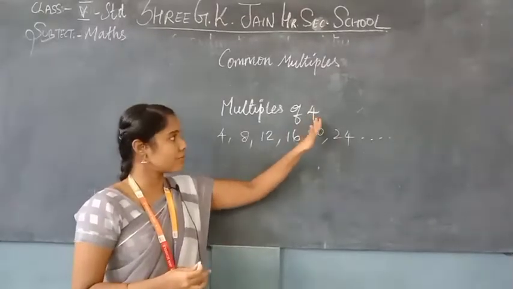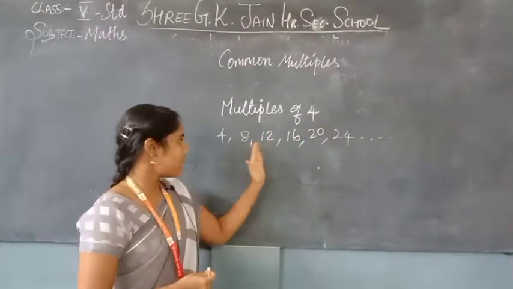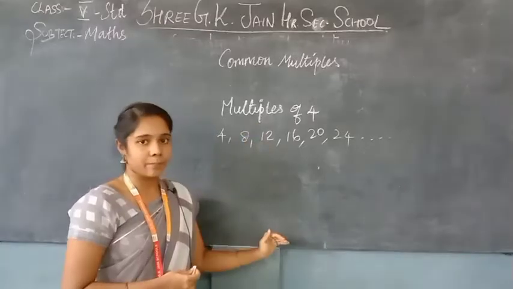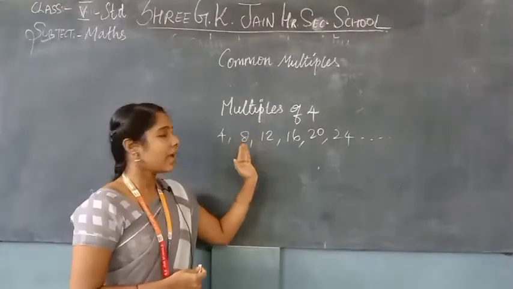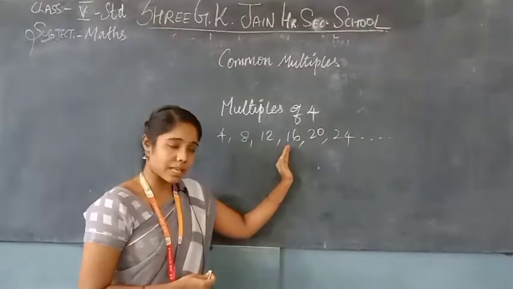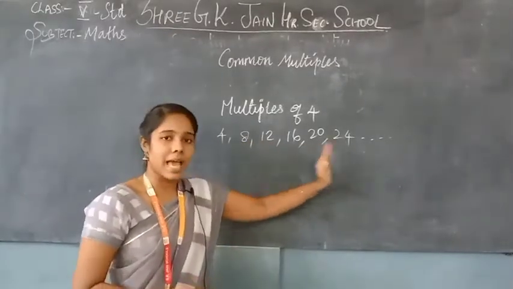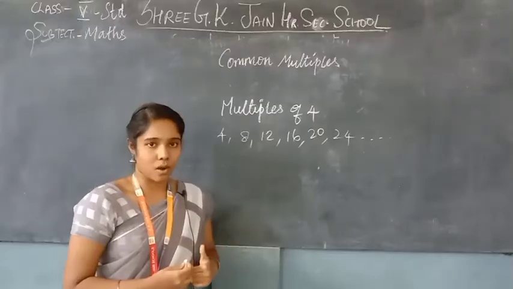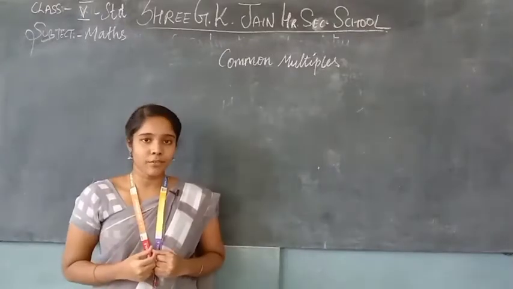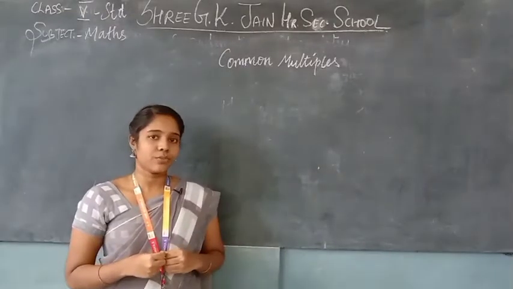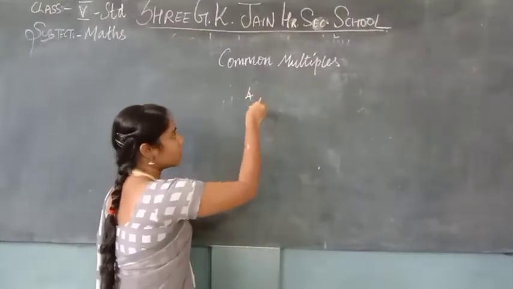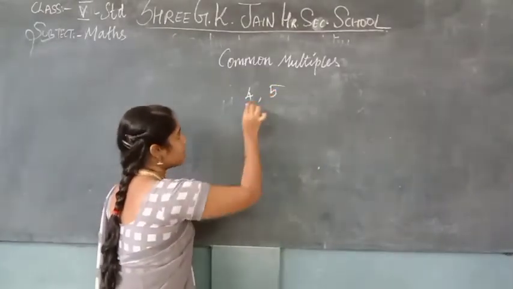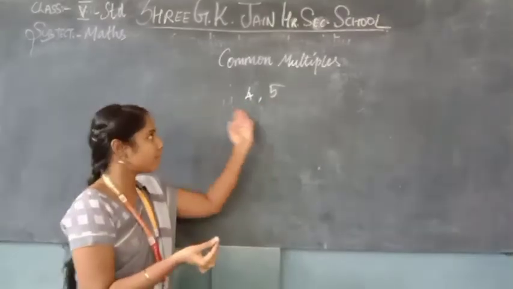If you see the 4 table, these are all the answers that we are getting on the right side, right? 4 1s are 4, 4 2s are 8, 4 3s are 12, 4 4s are 16, 4 5s are 20 and 4 6s are 24 and so on, right children? Let me give you numbers and we are going to find the multiples of them: 4 and 5.